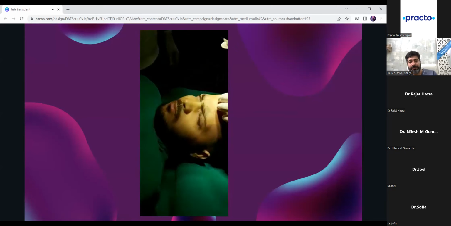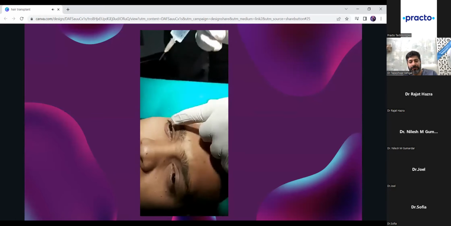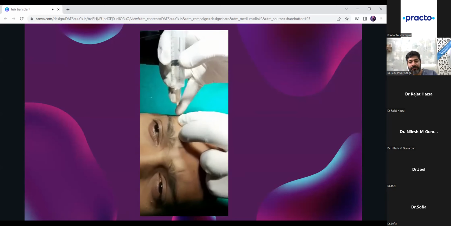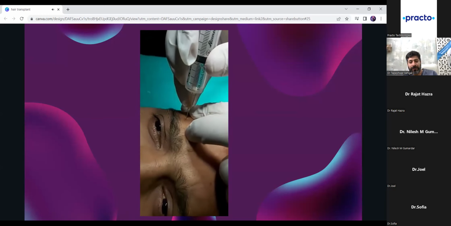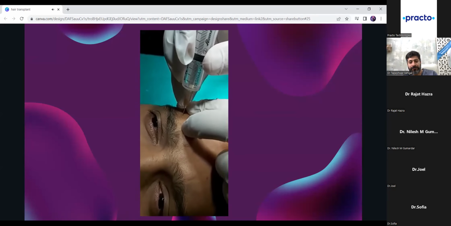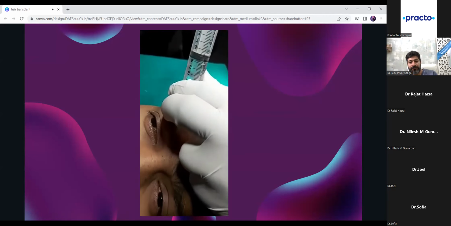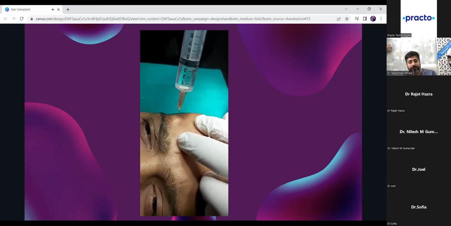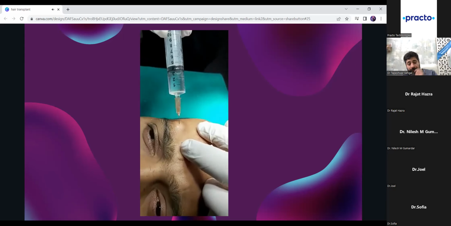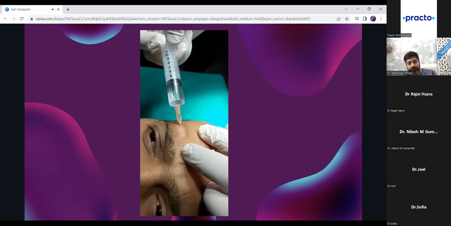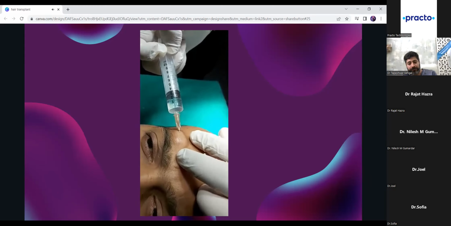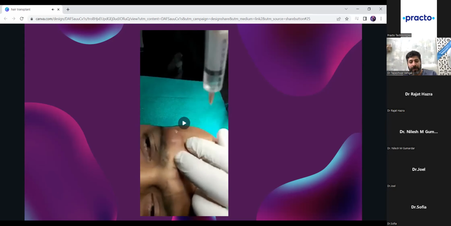A small video. With just one block, we have anesthetized almost the full frontal area of one side.